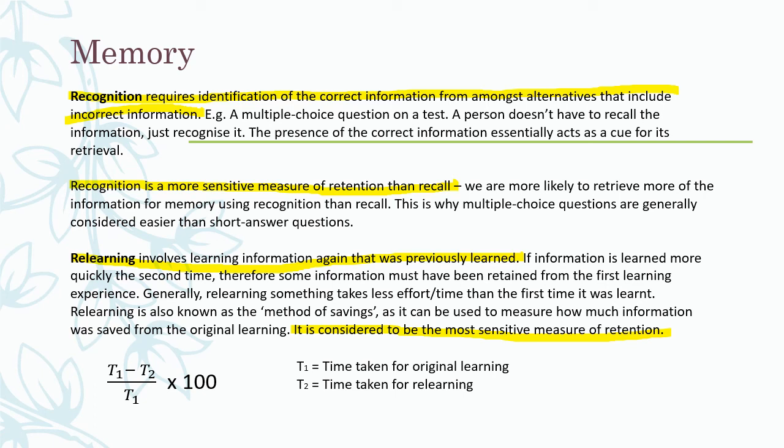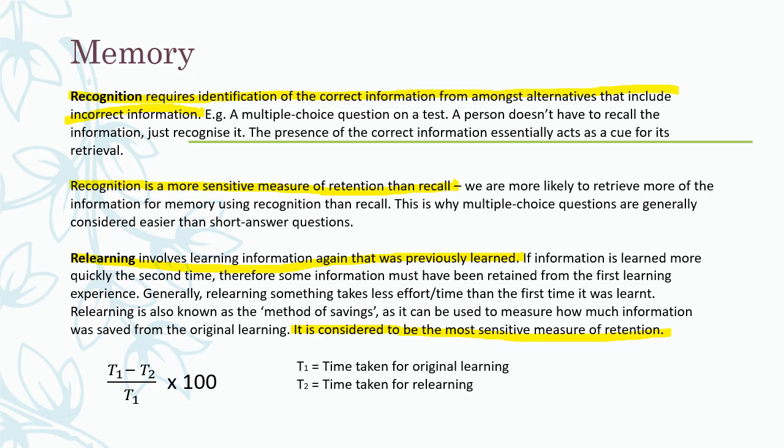The most sensitive measure of retention, this means that you're more likely to retain the information or recall the information using relearning over recognition and recall. It actually goes in the opposite way that I've mentioned it. So relearning is the best method of retrieval. Recognition is the second best method of retrieval, and recall is the third best method of retrieval.